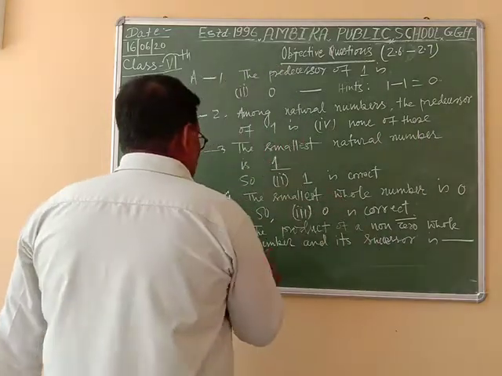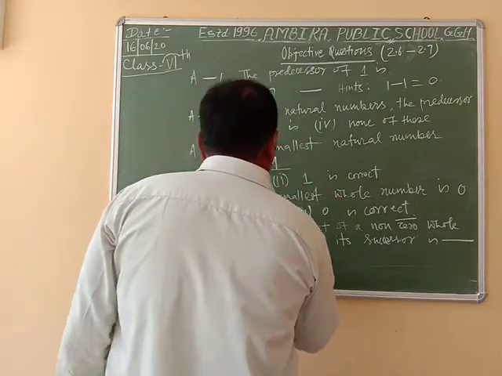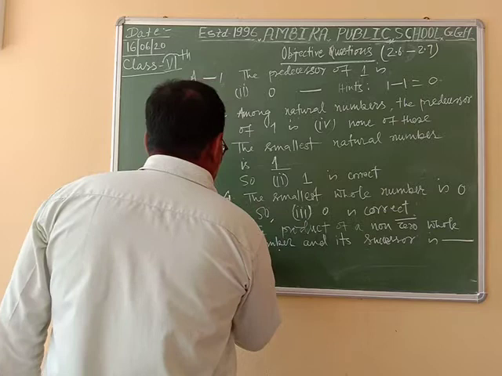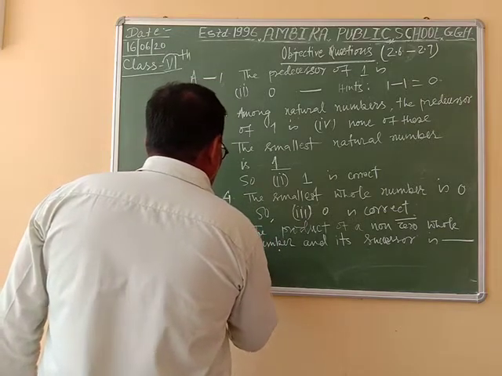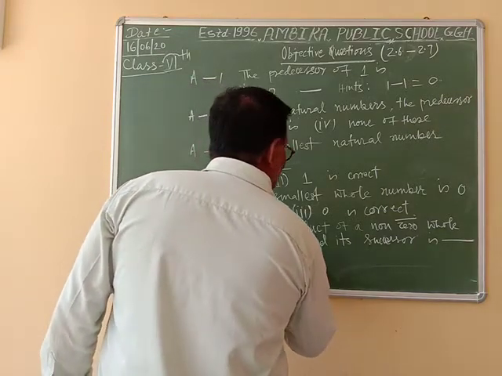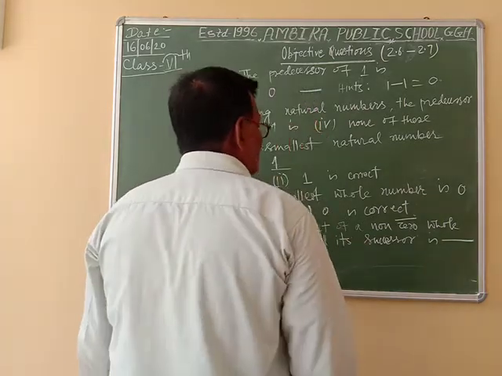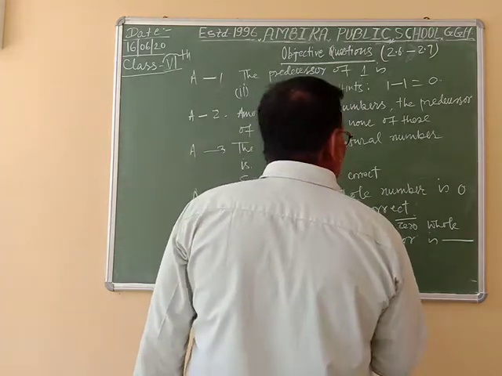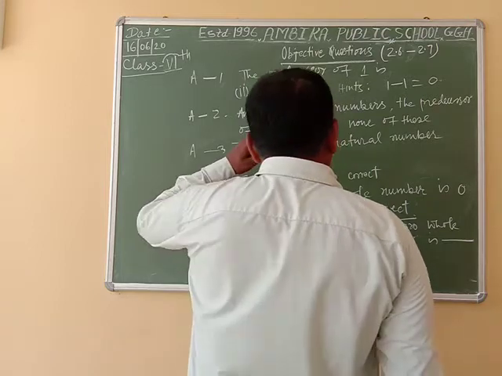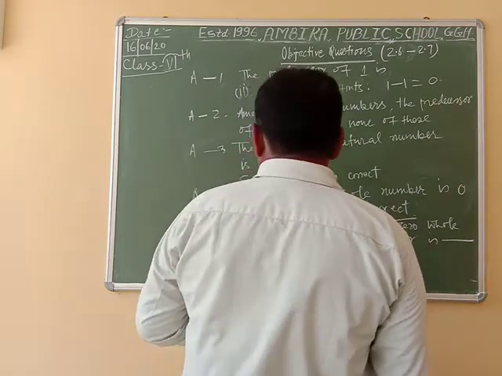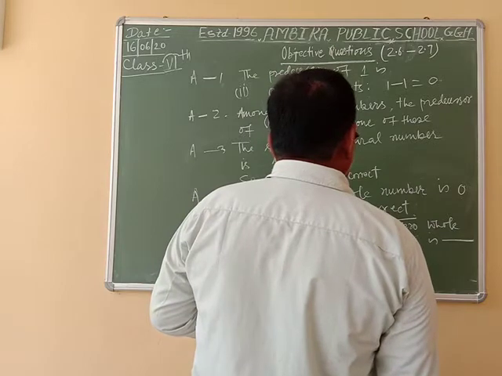We take an example. Let 5 be a non-zero whole number. The product of a non-zero whole number and its successor.